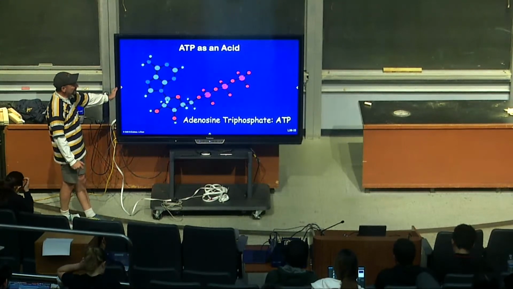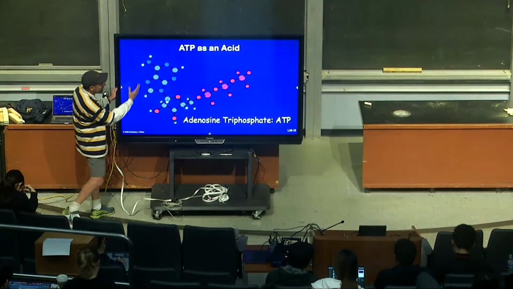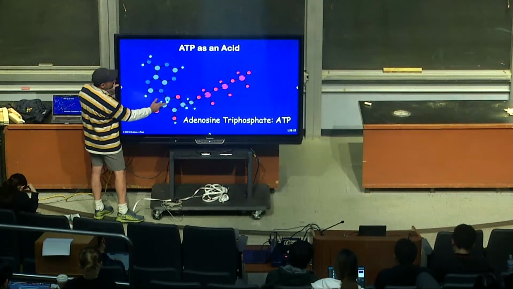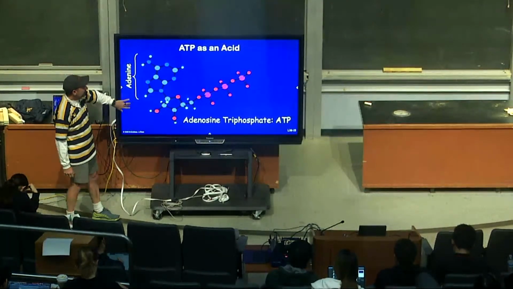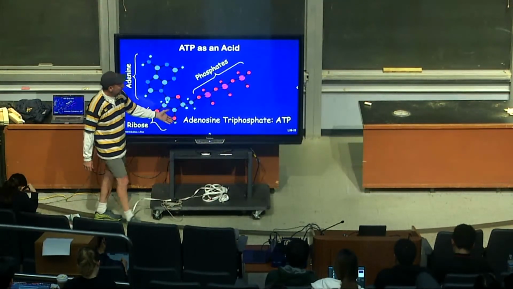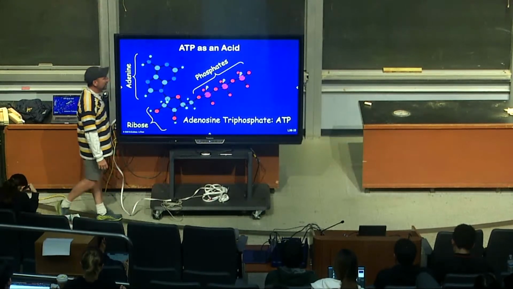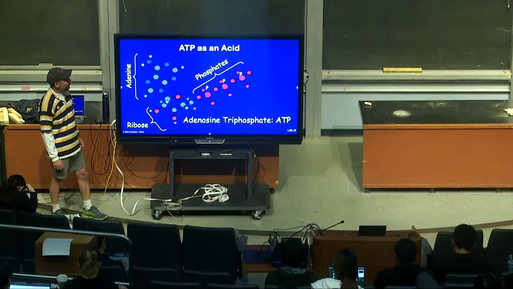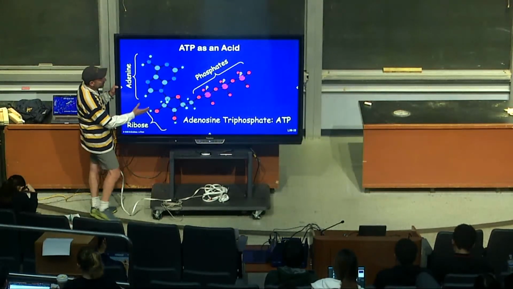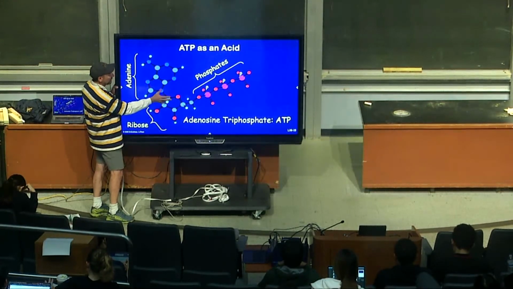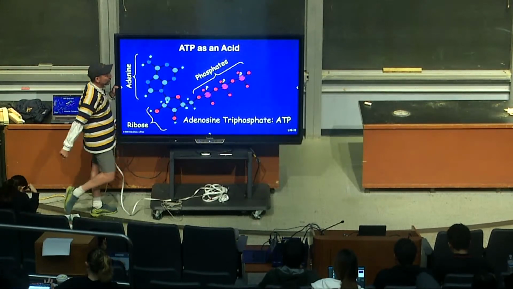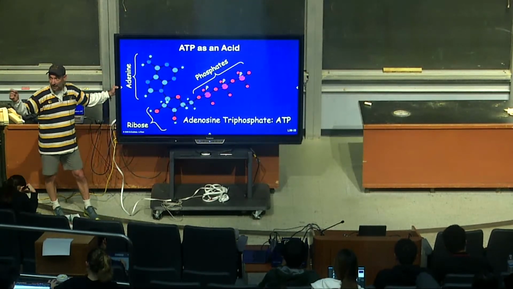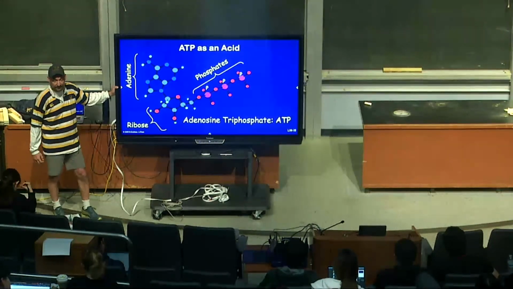Here's ATP acting as an acid. This is adenosine triphosphate. This is the adenine, ribose, and the phosphates of adenosine triphosphate. One of the most important molecules in your body, as you know. This is where the body stores and transfers energy around the cell.